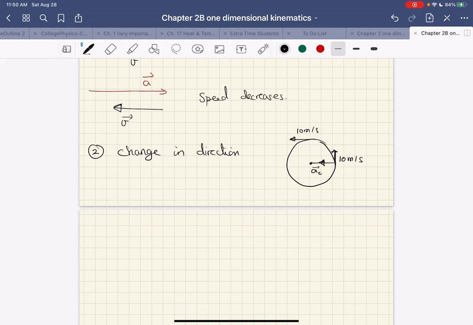We call it centripetal acceleration, and we're going to talk about this later. But now I want you to know that if the speed is not changing but the velocity vector is changing, we have acceleration, which means there is a change in the direction.